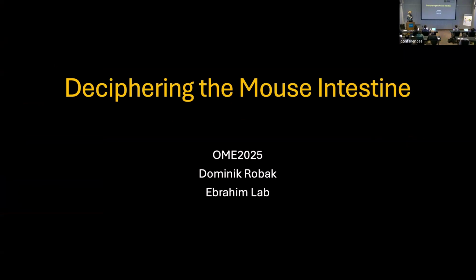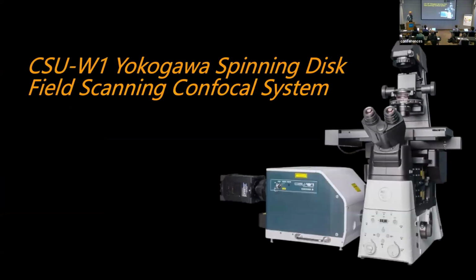Good. Hello, I'm Dominic from Ibrahim Lab from University of Virginia. I'm also deciphering the mouse intestine, in which I will be talking about current optimization of intravital microscopy of mice intestine with the help of a very nice confocal spinning disk system. When I started this, I didn't have anything apart from this.